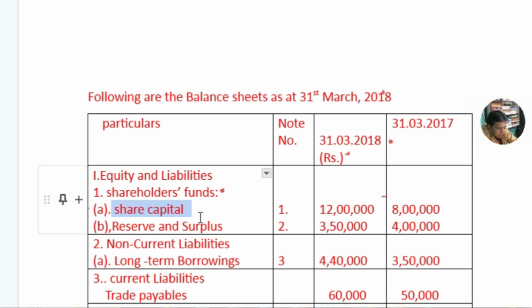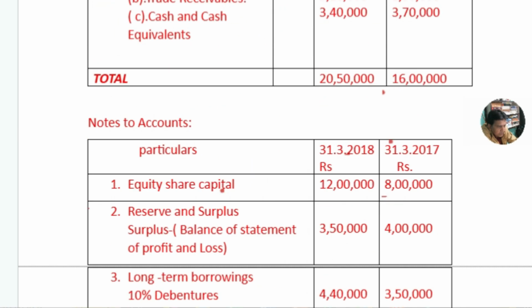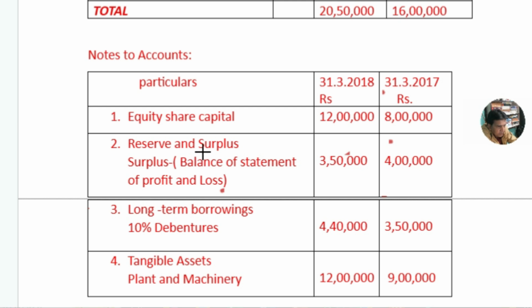If we look at the notes to accounts, then the fact will be clear that this is an equity share capital balance. It is given here, equity share capital balance. So the amount will be the same, only the items here, whether equity share capital or preference share capital or both, the notes to accounts will clarify this.